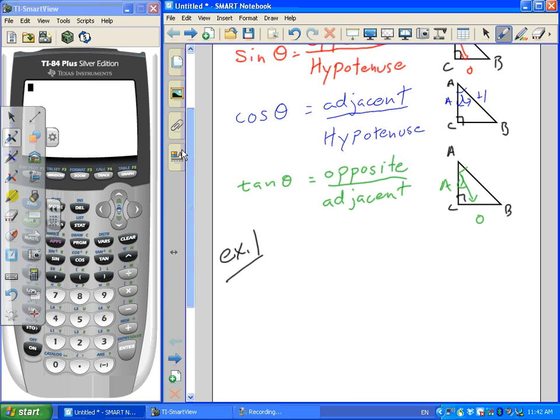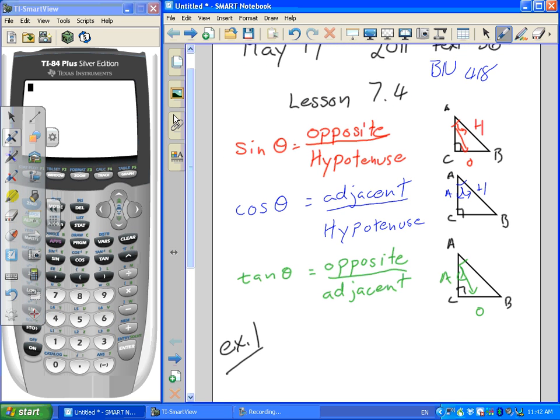Actually, before we do that, I would like you guys to remember something. This is a mind trick. I can't remember what the word is, but it's a way to remember it. So, what I want you guys to remember is sine.